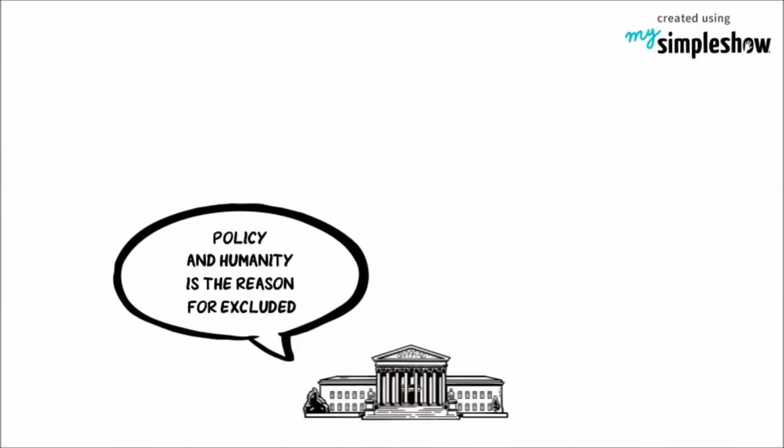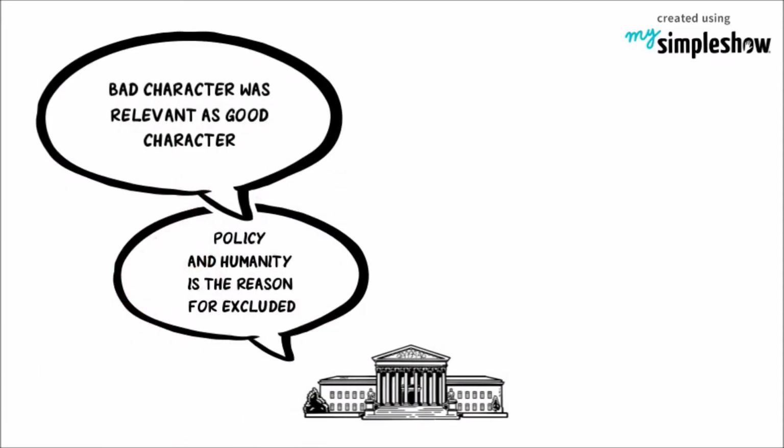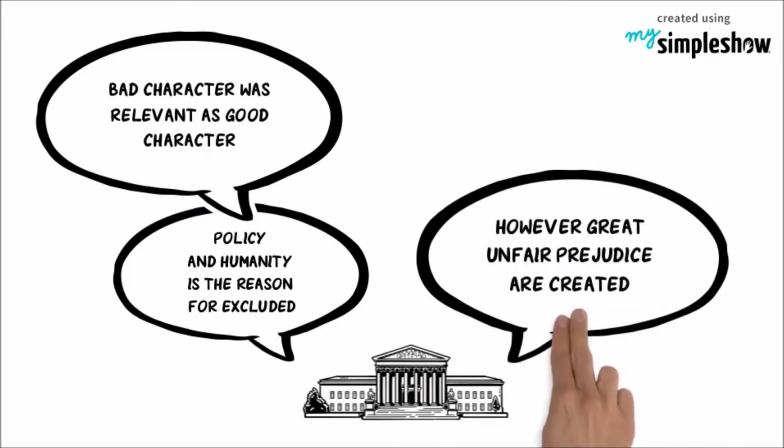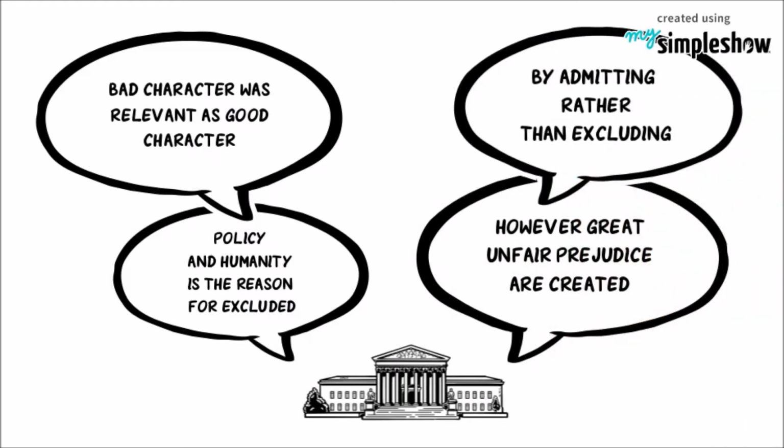The reason for excluding evidence of bad character was policy and humanity. Evidence of bad character was just as relevant as evidence of good character, but the unfair prejudice created by it was so great that more injustice would be done by admitting it than by excluding it.